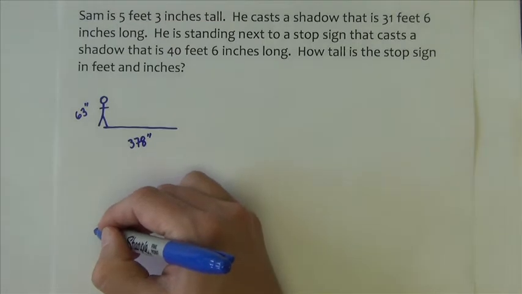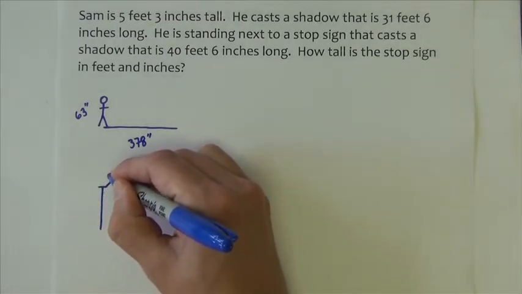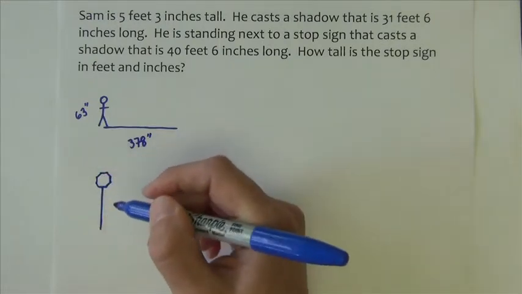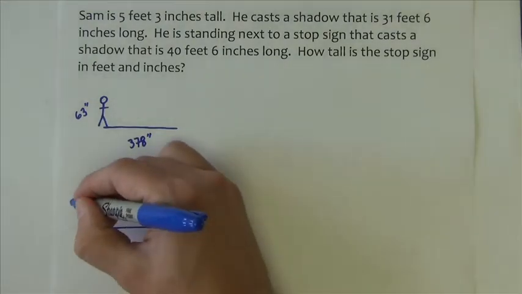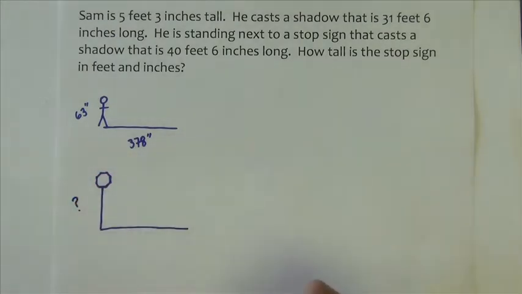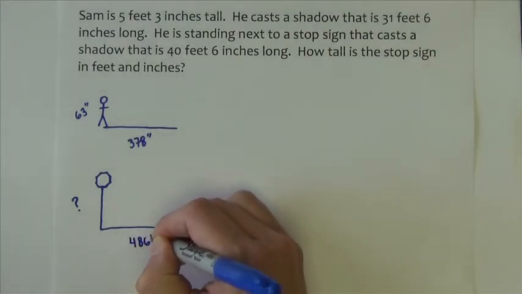Now the stop sign, and it casts a shadow. We don't know how tall the stop sign is, but we do know its shadow is 40 feet 6 inches. So 40 times 12 plus 6 makes it 486 inches.